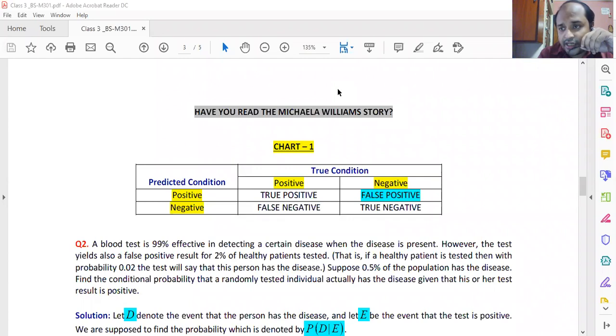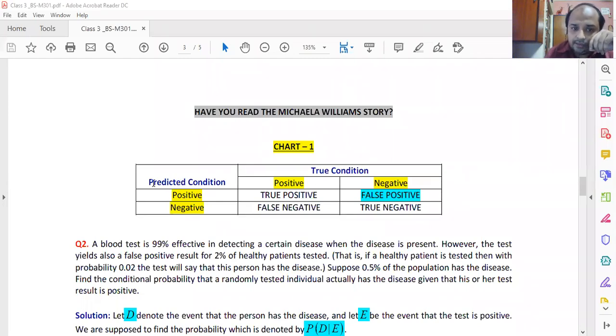The monitor started beeping at regular intervals. The nurse avoided it and thought it to be a false alarm. After 25 minutes, when the nurse attended, she saw the condition of Michaela had deteriorated, and after 15 days she died. The alarm had beeped, but it was treated as a false alarm. Now look into the chart.